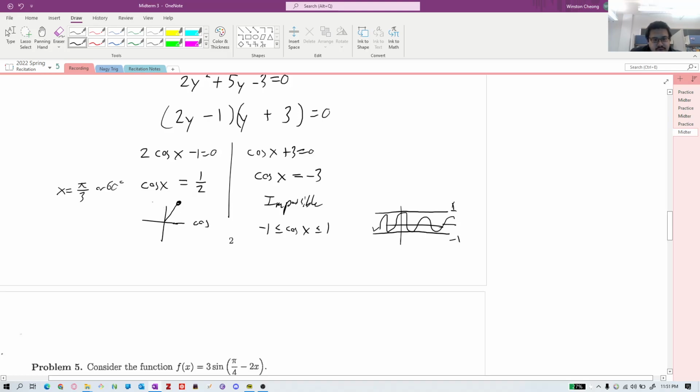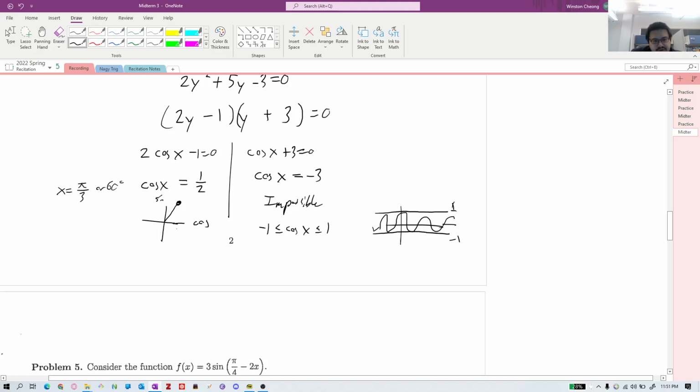Let's label our axes, sine and cosine, in the correct manner. It's kind of funny that it's x; I don't really want to have x there, it's a bit confusing. But the x-axis corresponds to the cosine, and the y-axis corresponds to sine. To say that cosine equals a half is to say that the x-coordinate on the unit circle equals a half.